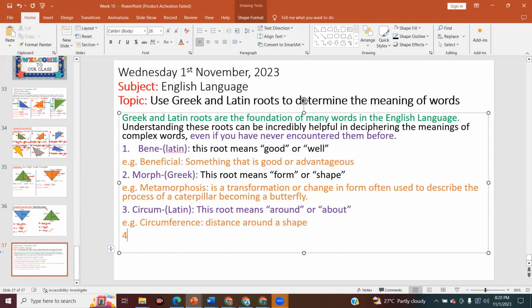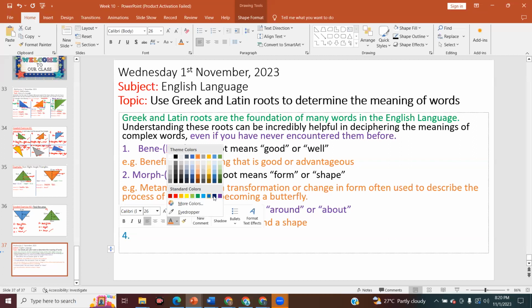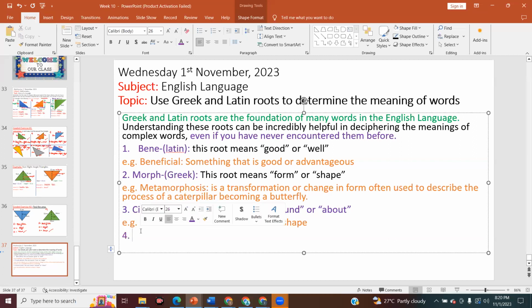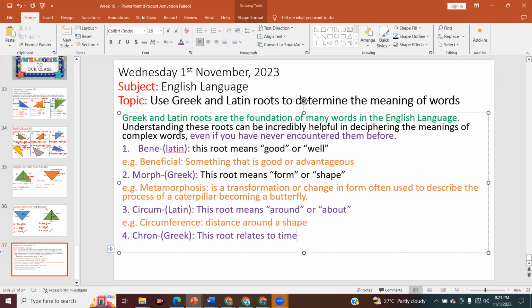Number 4. Number 4 is chron. Now, chron is actually Greek, and this root relates to time.